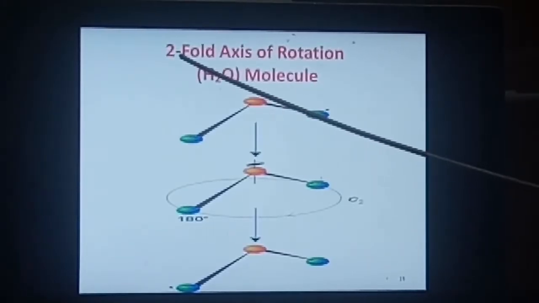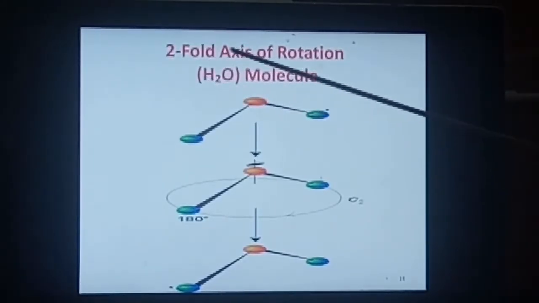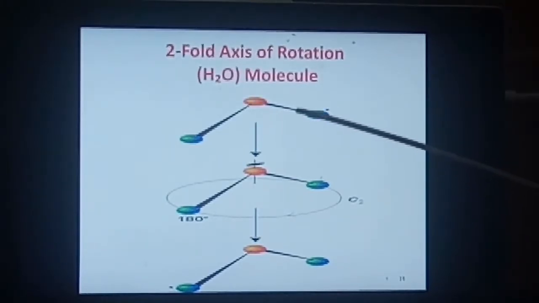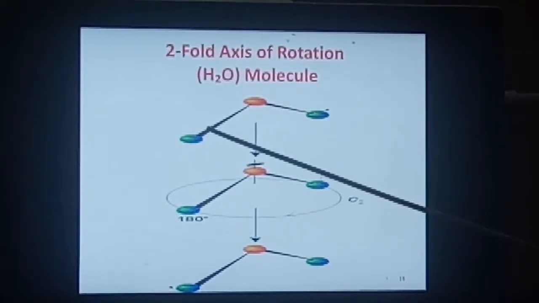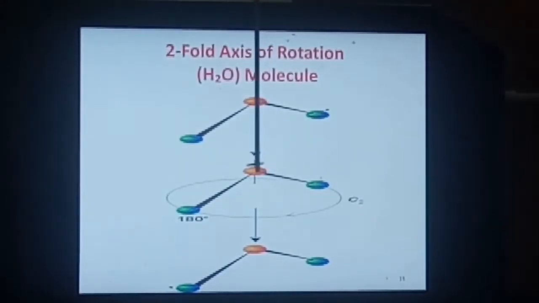We will discuss the two-fold axis of rotation, that is, the water molecule. This is the water molecule, this is oxygen, these are the two hydrogens. This one hydrogen is marked to make it distinguishable. Now because it is the C2 operation, it will be rotated 180 degrees along this axis.